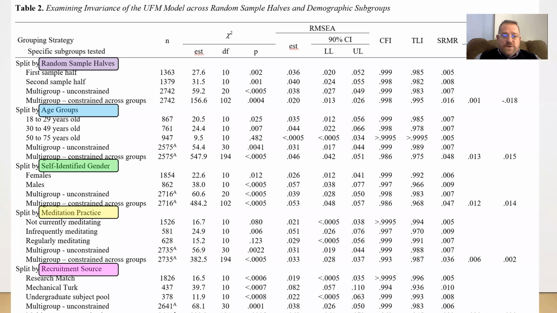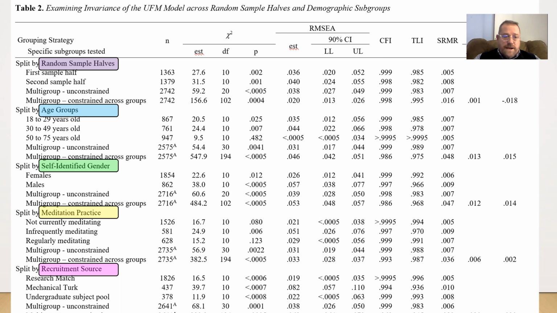But the reviewers encouraged us to go a step further and run a multi-group unconstrained model, and then constrain all of those predictive paths to be equivalent across groups. They also encouraged us to see whether the model remains the same.